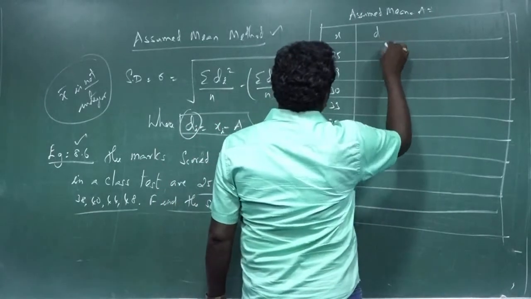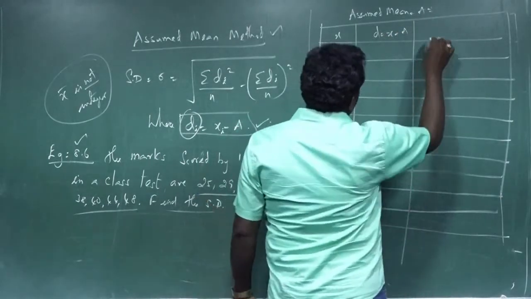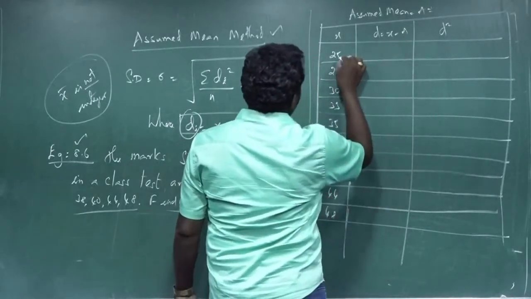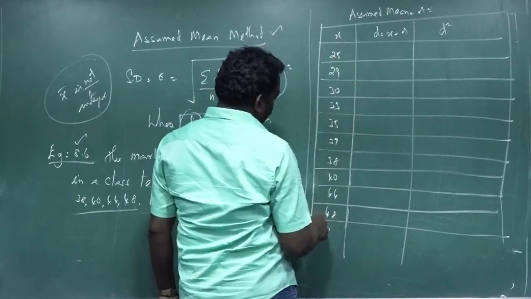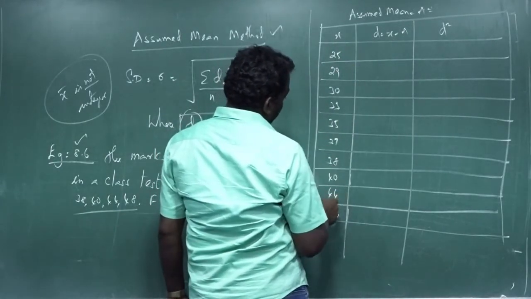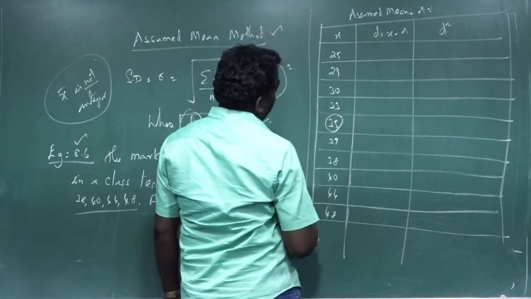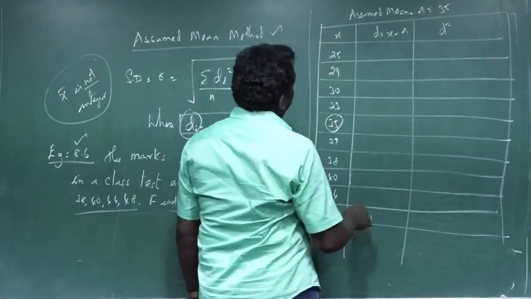First find d that is equal to x minus a, then find d square. We consider the assumed mean as the middlemost value. Totally 10 terms are given, so we can take 35 as the assumed mean.